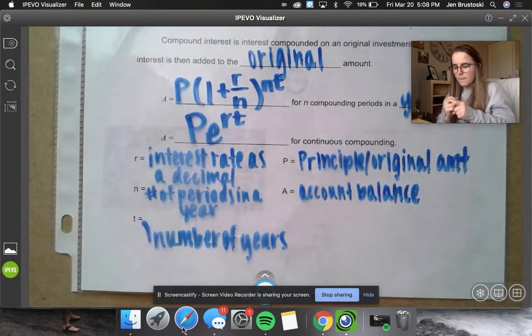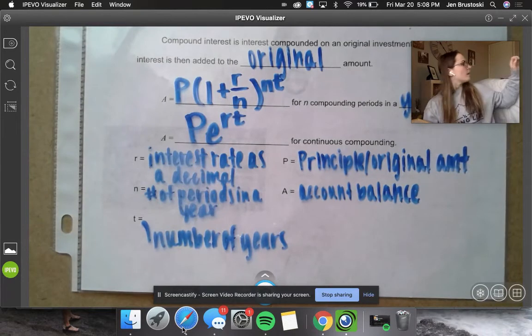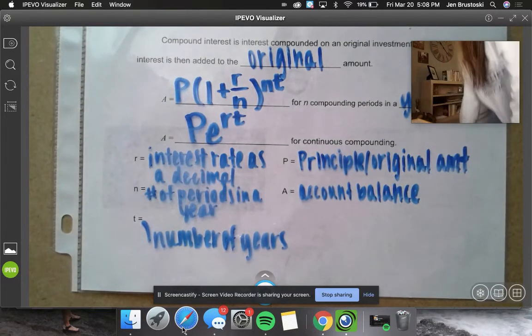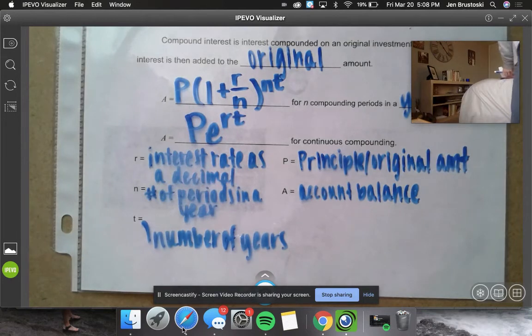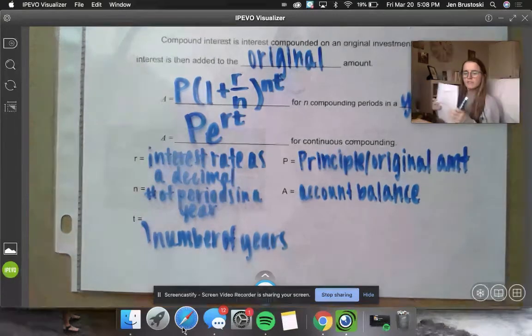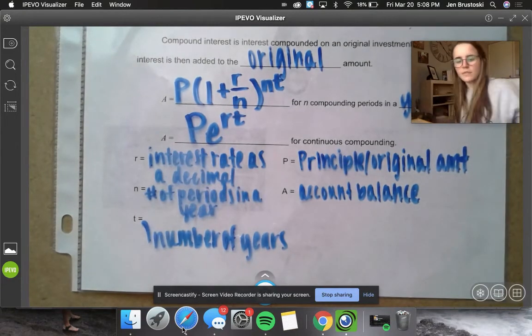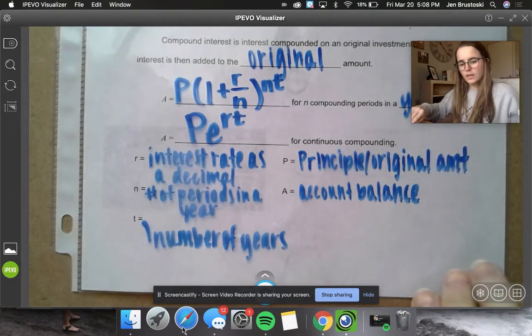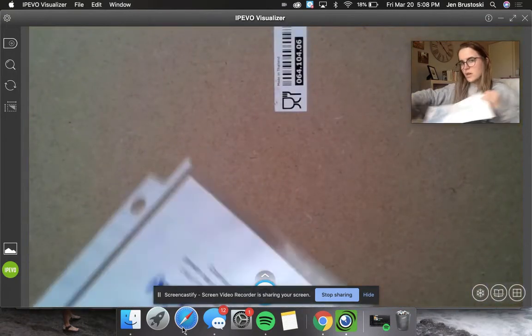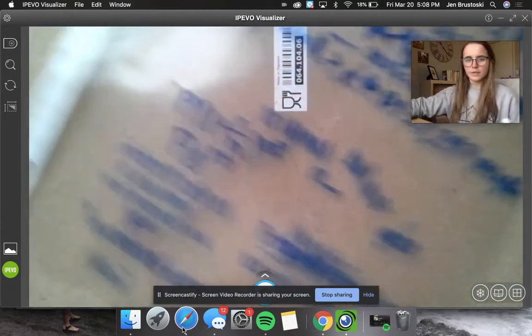Which is awesome. Okay. So where are my papers? Here they are. Gotta change it out really fast. Okay, so we're gonna do two examples together and then we're gonna be done. There's that. Let me erase.